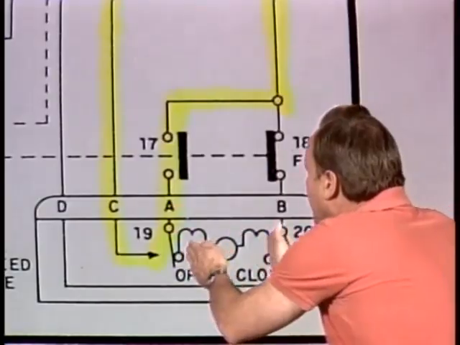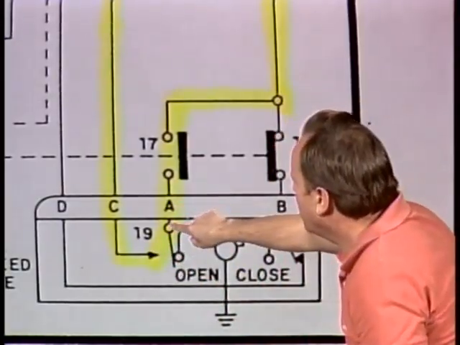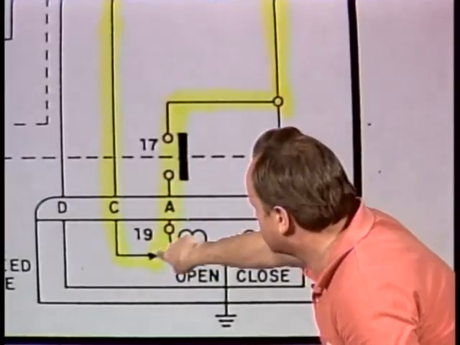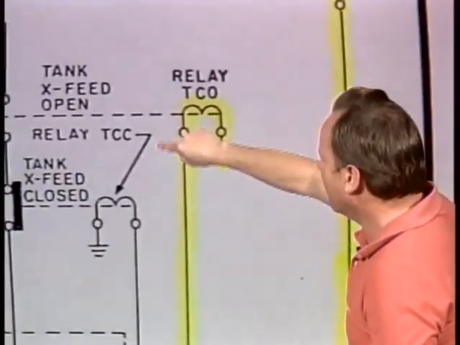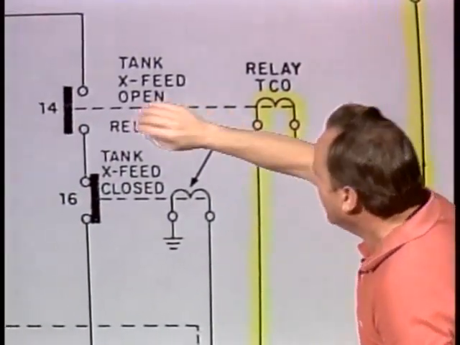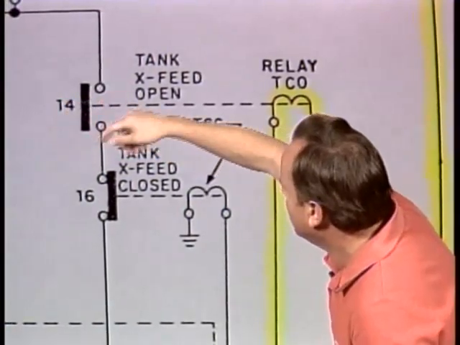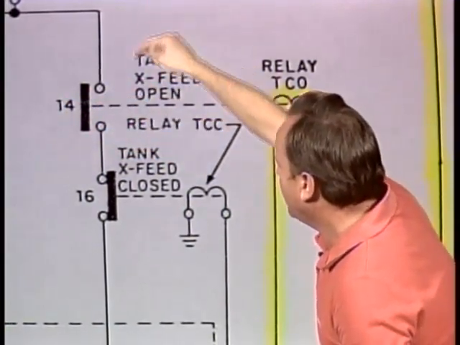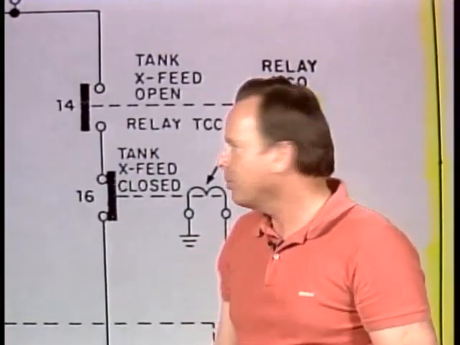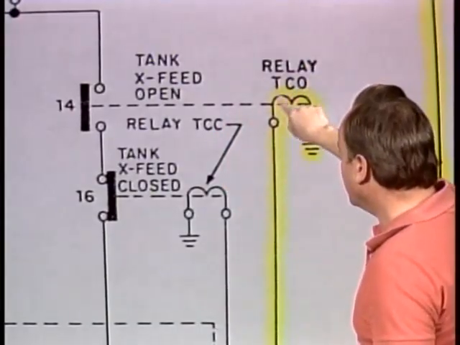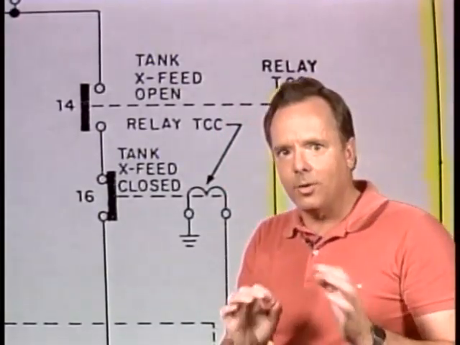This solenoid becomes activated, moves over, and now we have A closed, that switch is closed, and now we come up here, and son of a gun, the TCO relay is activated. It closes this switch, and now we have that light operating. So through all of that complicated route, the TCO relay was activated because we have crossfeed on.